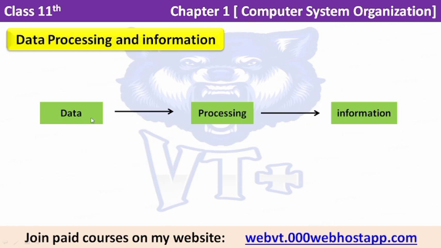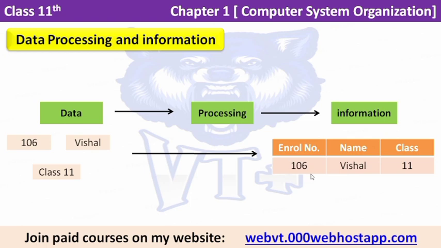First of all we have data, then processing, after processing we have information. If we pass the data like 106, Vishal and class 11th, after processing we get the information in a mannered way. So here you can understand the two definitions, data and information.